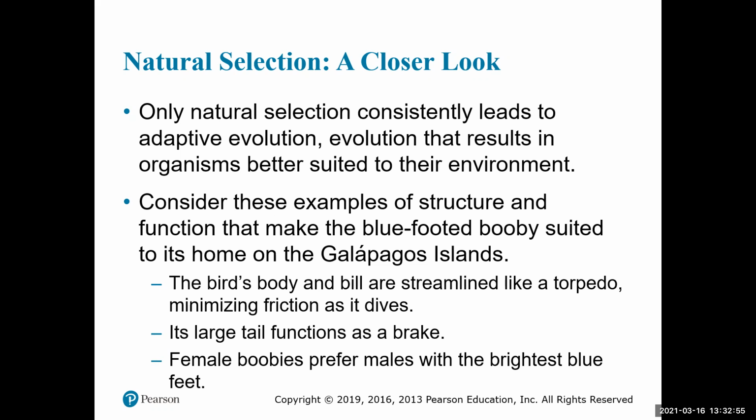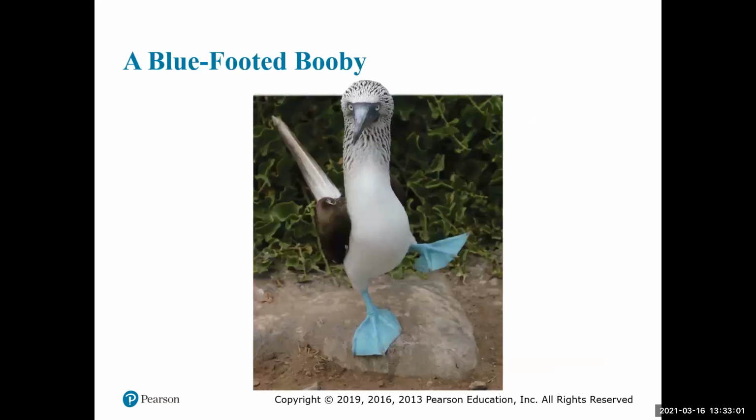And also female boobies tend to prefer males that have the brightest blue feet. So here's a booby if you're not familiar. Really bright blue feet. And females are preferring the males that have those bright feet.